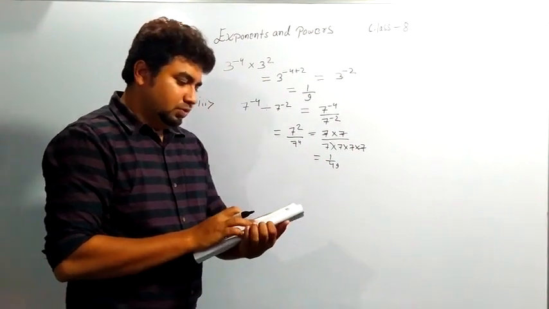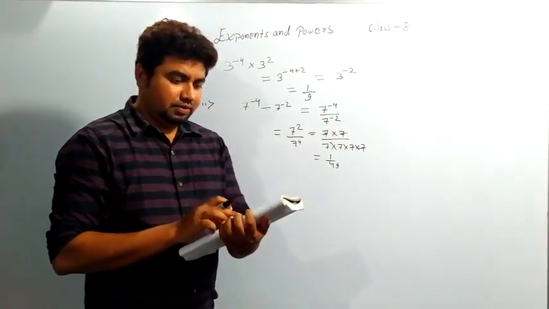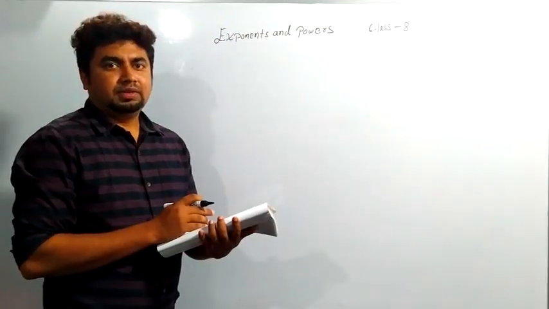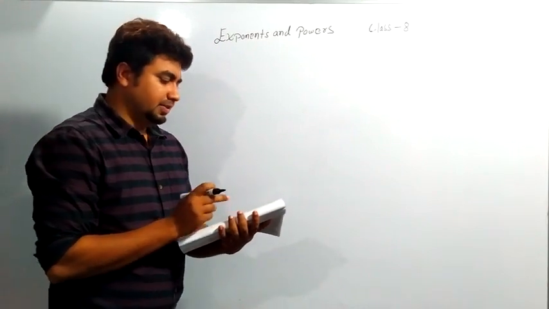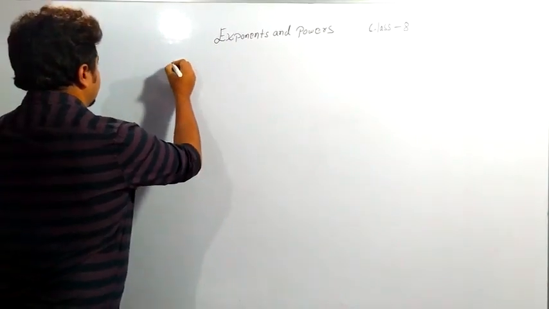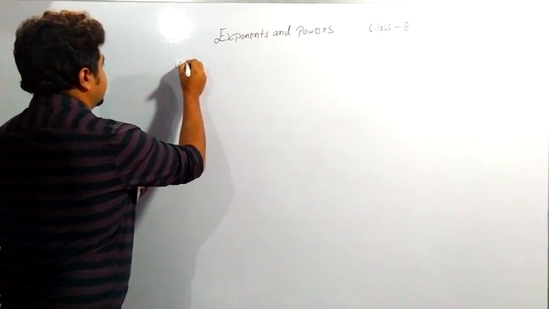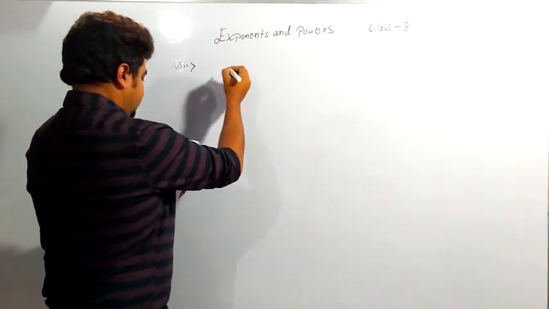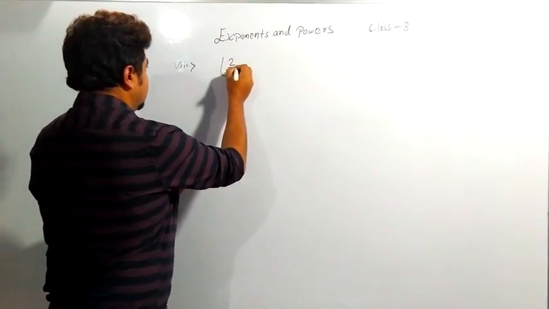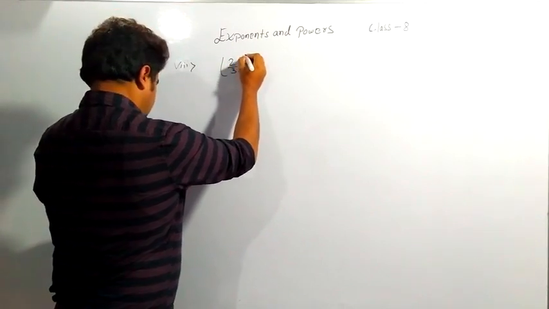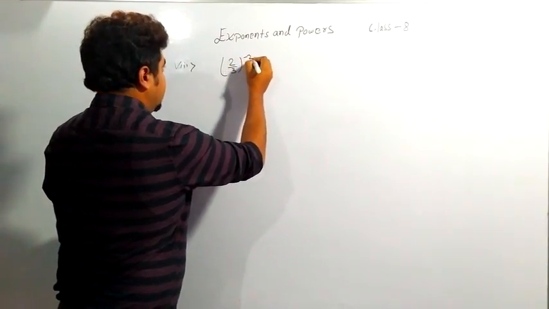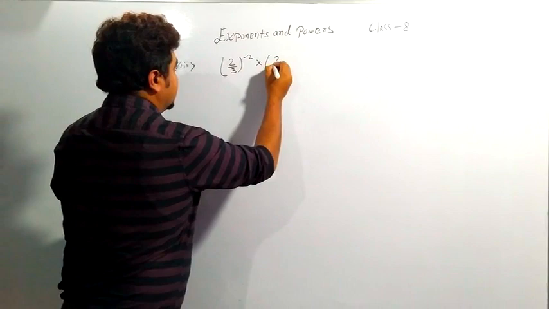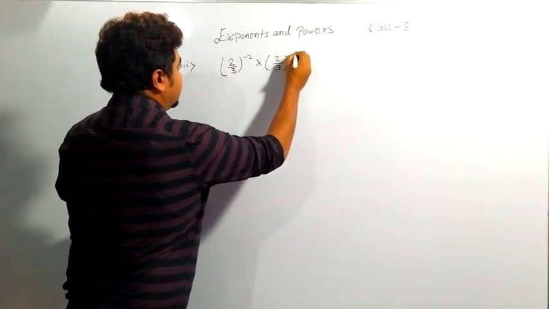Now we'll be moving to bit 8. In this it is given 2 by 3 to the power minus 2 into 2 by 3 to the power minus 1.